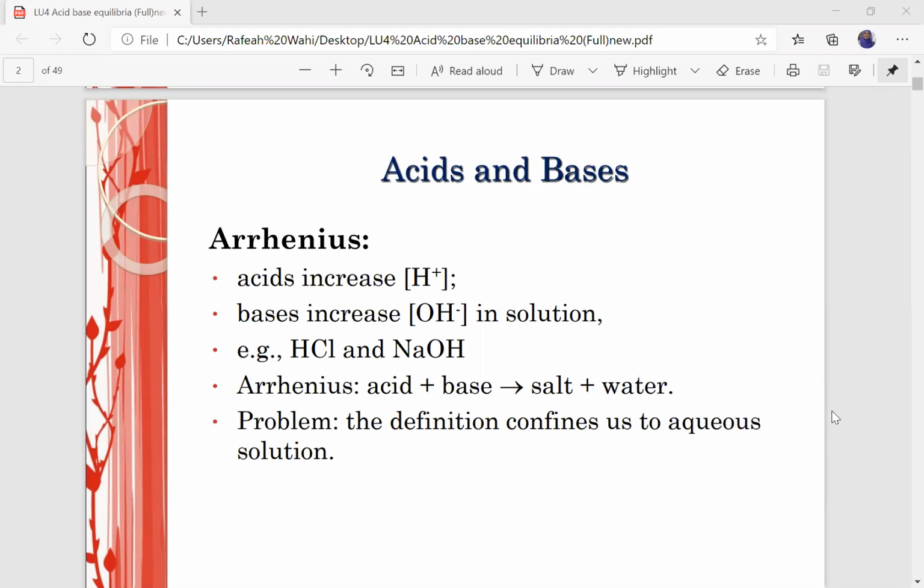We have the Lewis definition, the Arrhenius definition, and the Bronsted-Lowry definition. In learning unit 4, I'm going to cover two definitions for acids and bases. First, the Arrhenius definition, and the second one is the Bronsted-Lowry definition. Okay.